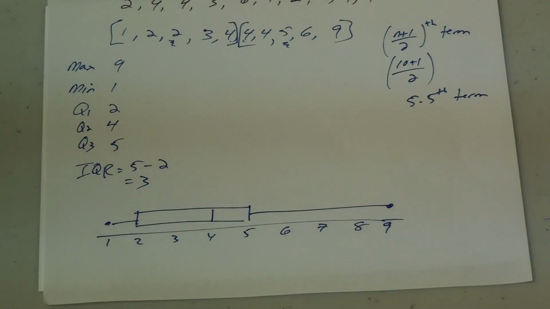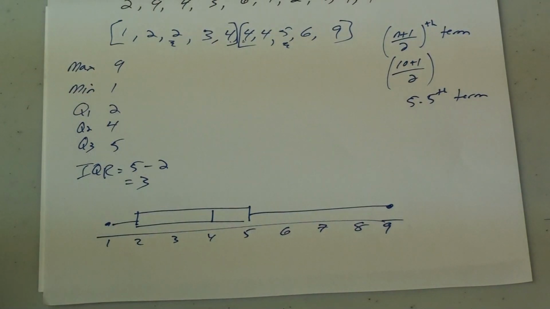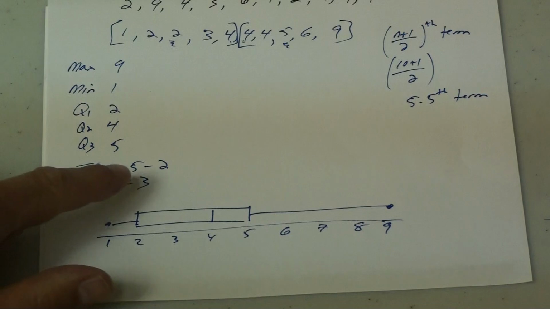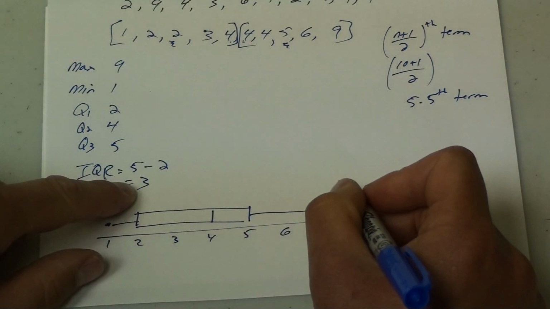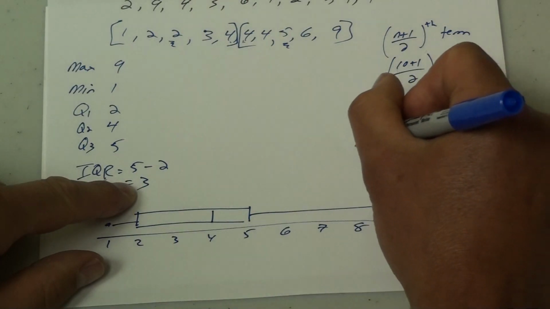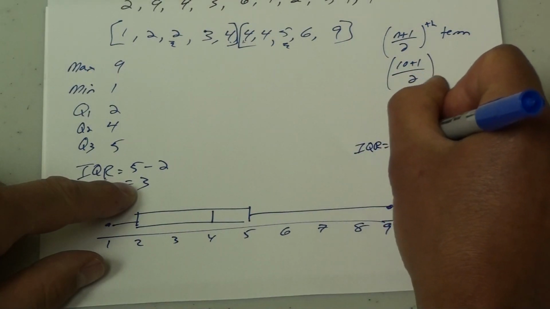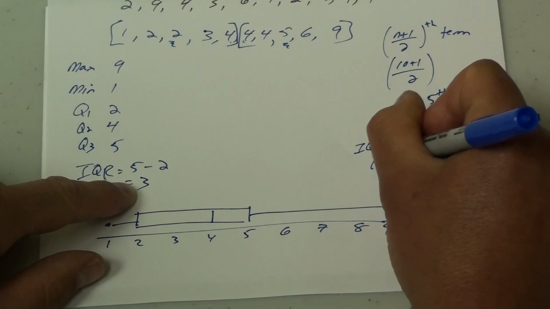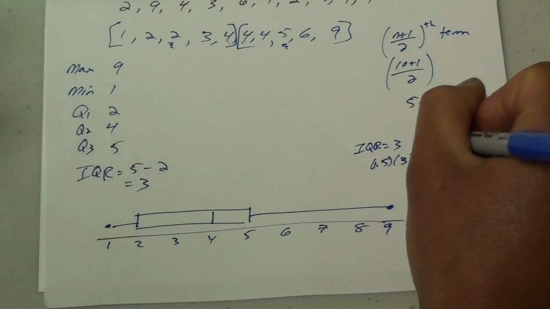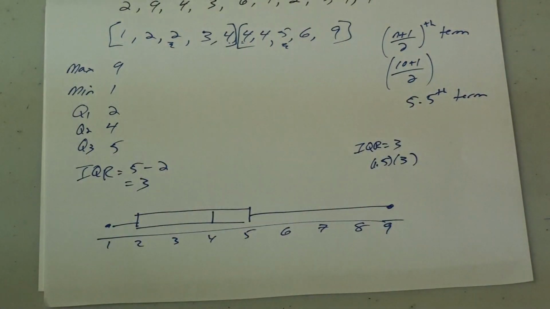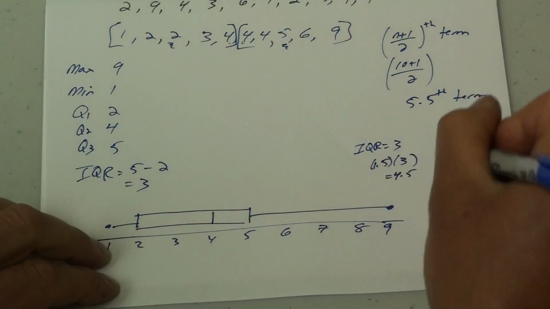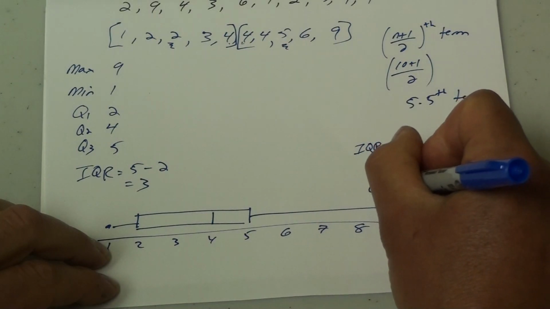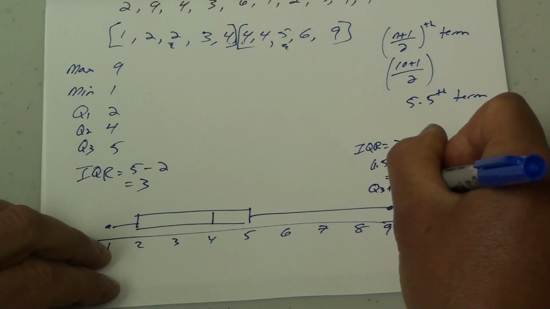Now the question is, is that 9 actually an outlier? There's going to be a little test. You take your IQR and multiply it by 1.5. My IQR equals 3, so 1.5 times 3 is 4.5. I take my Q3 and add 4.5.